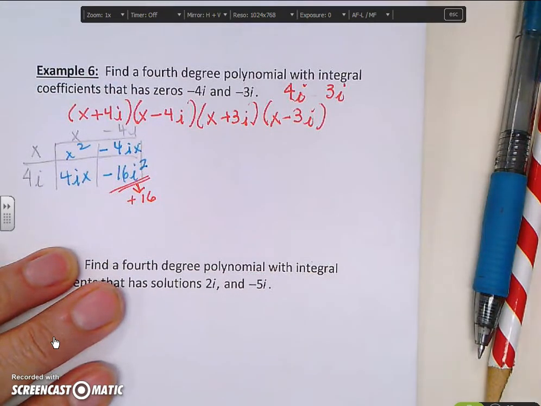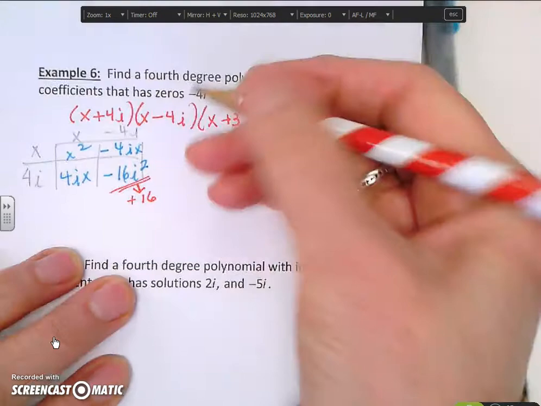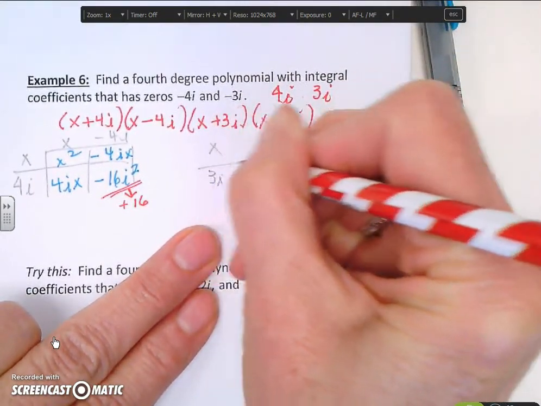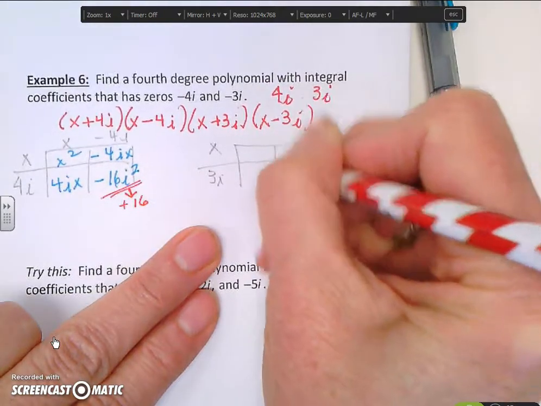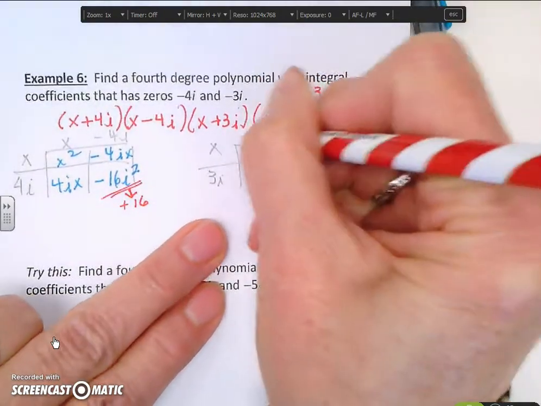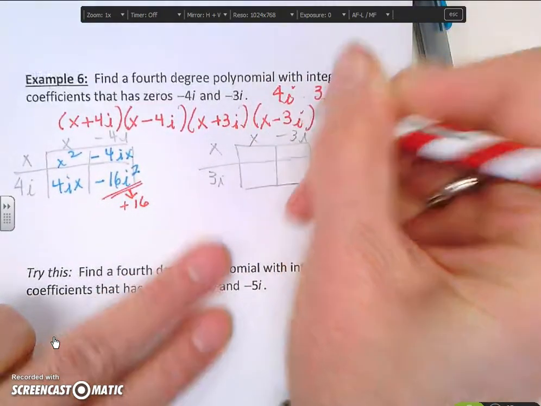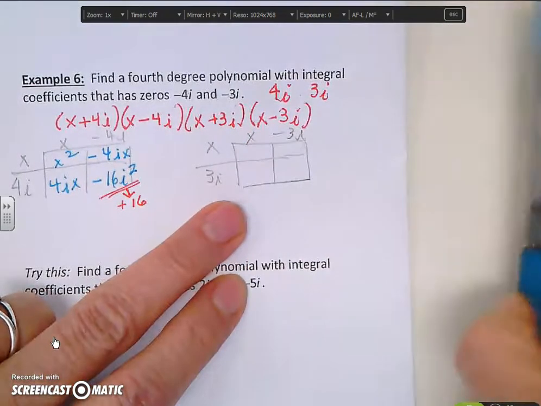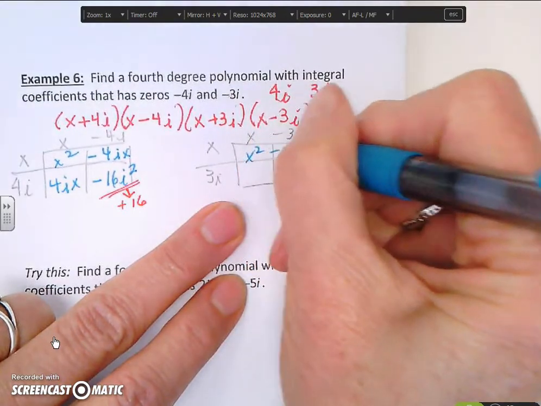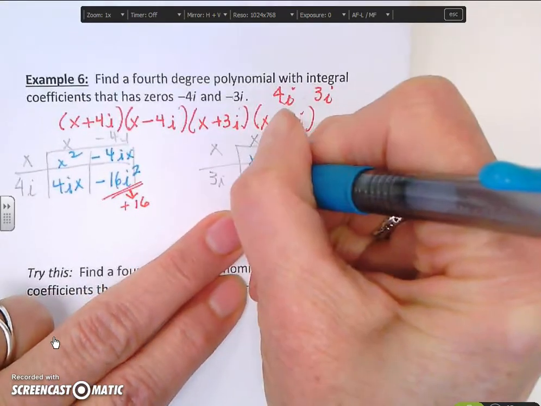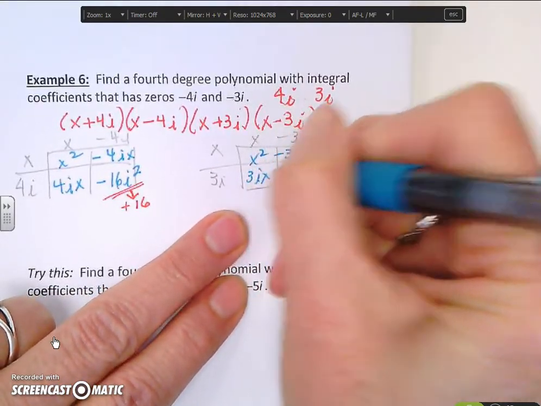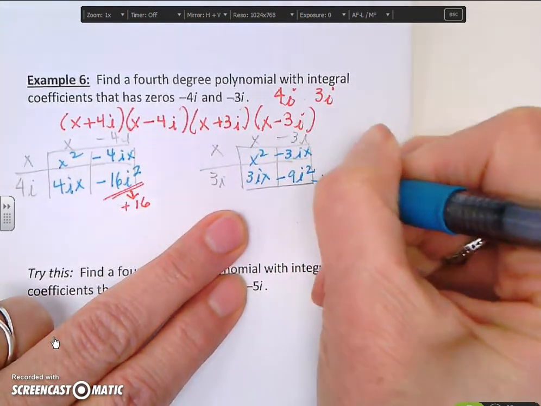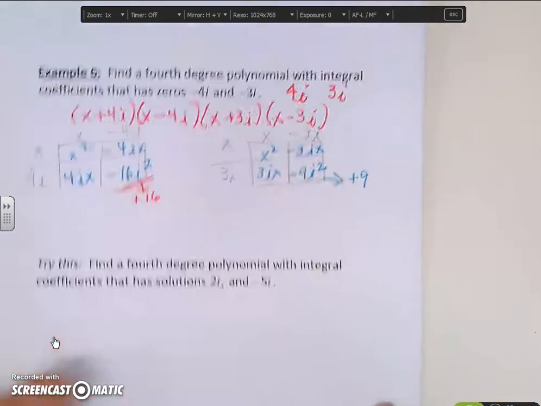All right, so then we'll come over and do our 3i's. So I get x and I get a 3i. And then on top we have x minus 3i. And that will give us x squared minus 3ix plus 3ix, and then minus 9i squared, which is going to give us a plus 9.